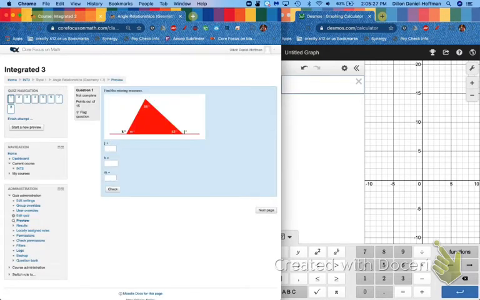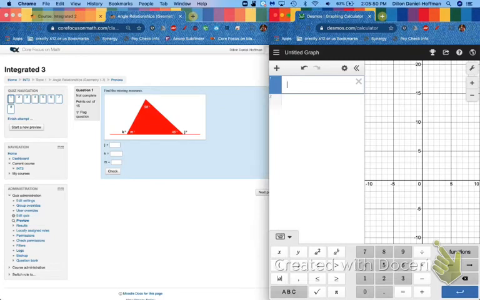The first thing we're going to do is talk about the relationship between different letters in my diagram here. We can see that we have a red triangle that has a 58-degree angle, a 45-degree angle, and then this letter M. Right off the bat, I know from my sum of angles assignment that I can just subtract.